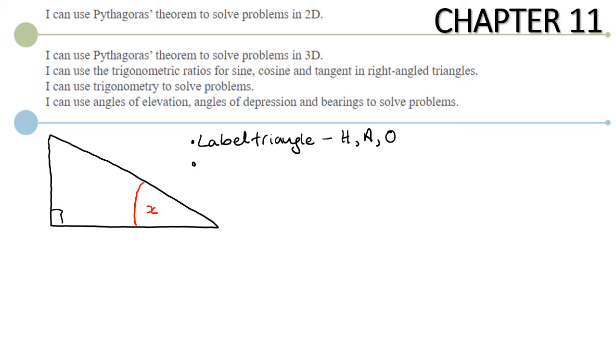Once you've labelled the triangle, cross out any useless sides. Any sides that are useless, they've got nothing written on them and they're no use, you cross them out. Once you've crossed them out, you then need to decide whether you're going to use sine, cos or tan. So that's where this SOH CAH TOA comes in.